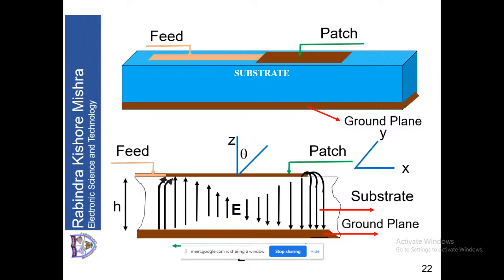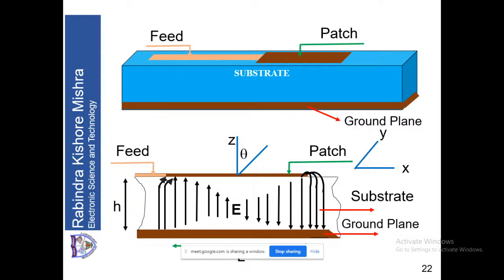At the end, if you use Gauss's principle with a pillbox, that pillbox will show you that inside there is a field line, so outside you require a field line. Inside the patch, if there is a line, outside you require a line, so that they will cancel each other. If they cancel each other, then within the box, the total field will be 0. So that needs to happen. Because of that, there is a fringing field. That comes from Maxwell's equations.